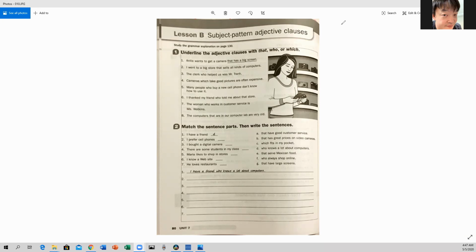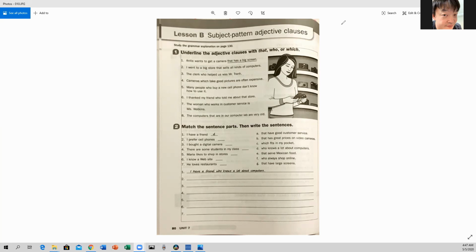Last week we learned a little bit about that, who, and which, and how these pronouns can be used to introduce adjective clauses. We are going to practice and then we are going to expand upon this. Don't worry, this section will serve as a review of what we saw last week.